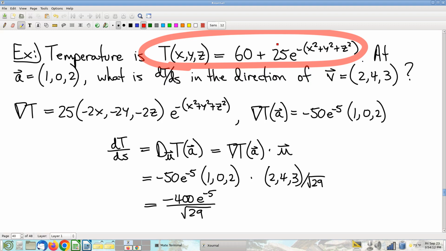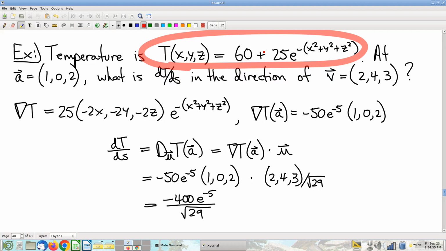Nice toasty 85. But then as x, y, and z move away from the origin, this exponent gets more and more negative, and asymptotically this term goes away, and it's a crisp 60 elsewhere, right? So I like to think of it as a campfire situation.